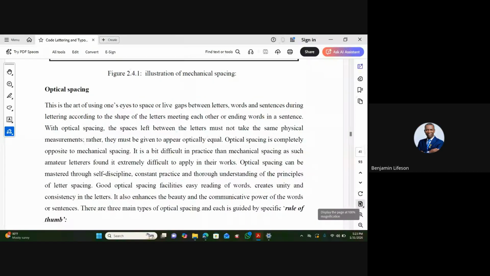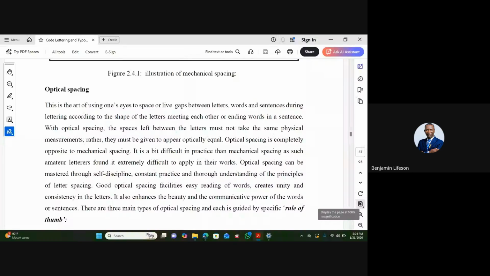So unlike the mechanical spacing that is defined, 2 centimeters is 2 centimeters, no matter the nature, the character of the letter, with optical spacing we are using the eye. Your eye should be able to judge whether the spacing is right or not. So use your eye, you consider the letter, you consider the words, you consider the character of the letter and space the letters or the words or sentences.